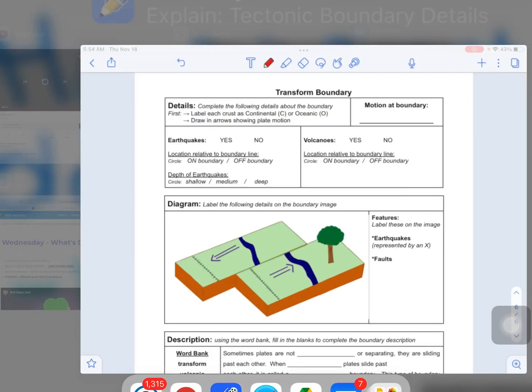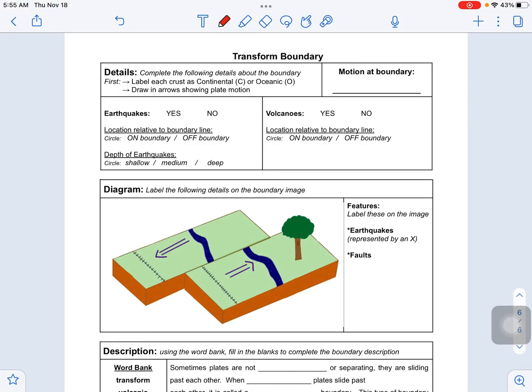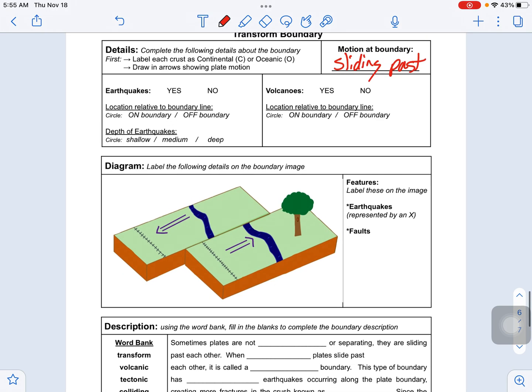Okay, so let's finish up these notes here. So the motion is they're sliding past each other. Okay, here's our motion of the plates. They're moving in opposite directions. In this example, these are both continental plates, but this also happens in the ocean.